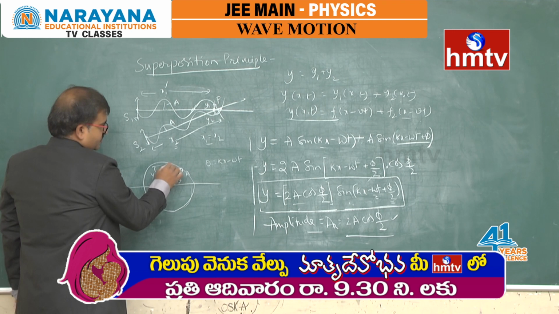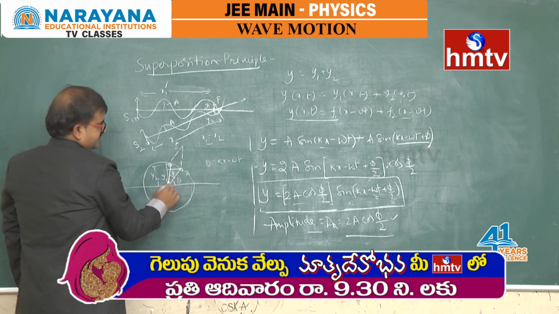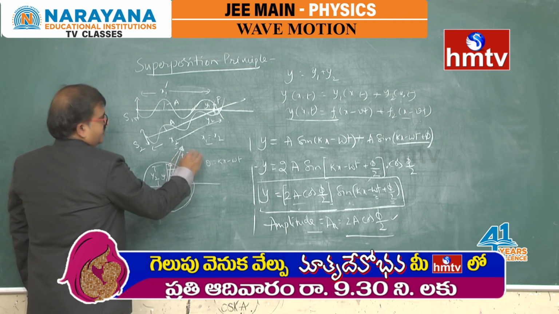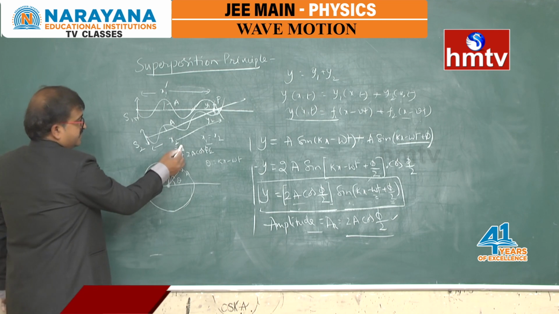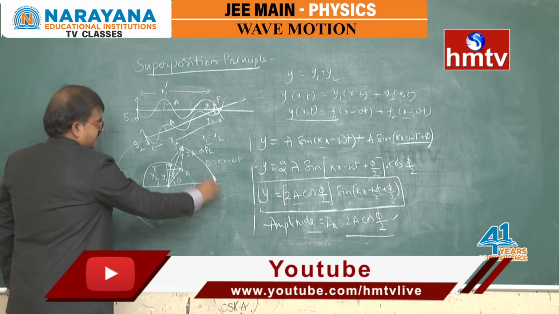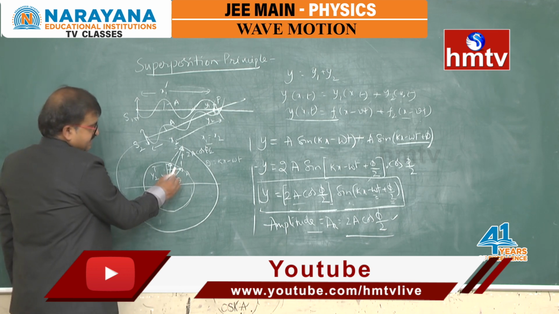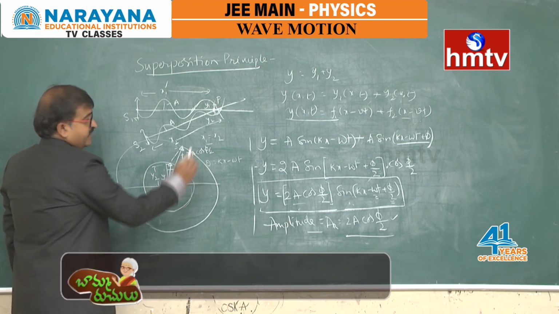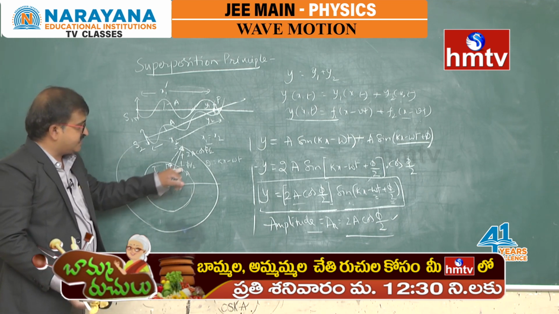Now these two phasors can be added vectorially, which gives 2a cos(phi/2) as the resultant amplitude, and this angle phi/2 is the phase difference with the first one.